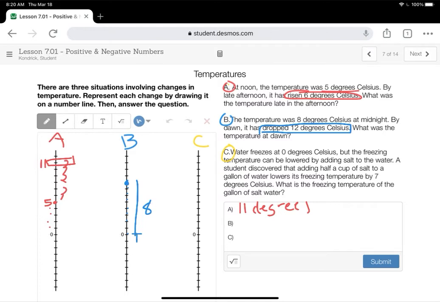So I still need to go 1, 2, 3, 4 more in the negative direction. So I would end up going 12 spots total, but that would get me at -4 because I would go 1, 2, 3, 4 in the negative direction.